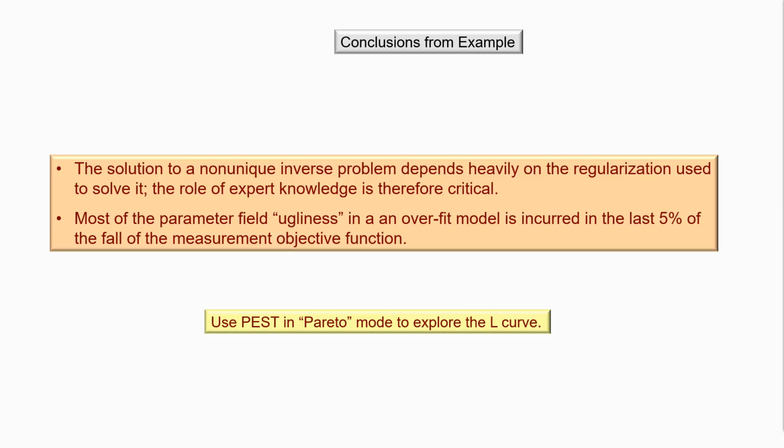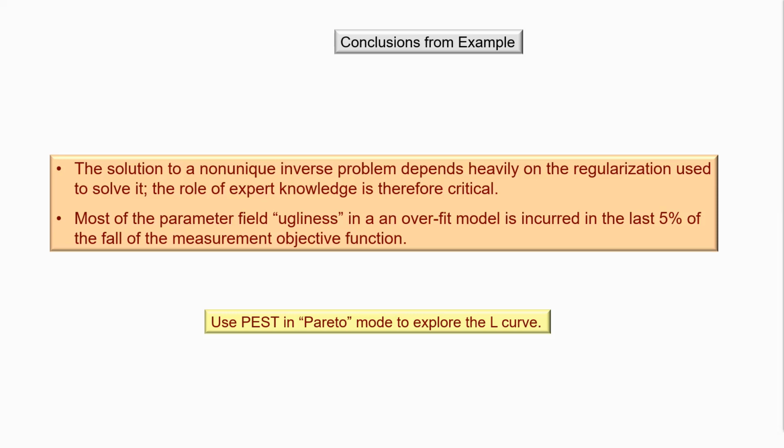We have a responsibility here to pose that inverse problem through the application of Tikhonov regularization in a way that gives rise to a solution that is good, taking into account what we know or what we suspect about conditions under the subsurface. Tikhonov regularization allows us to do that.